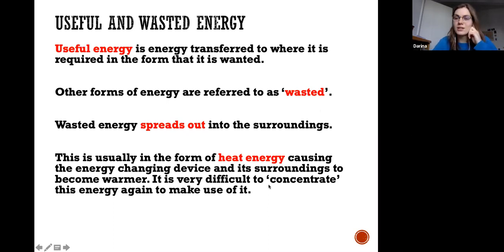So whatever the conversion is, for example, if it is a battery, that would be from chemical to electrical to heat, or if it's a lamp, chemical to electrical to light, or something like that. And the heat energy, which is wasted, causes the surroundings to be warmer. And again, this is pretty much just lost, right? It's very hard to harness this type of energy and use it again.